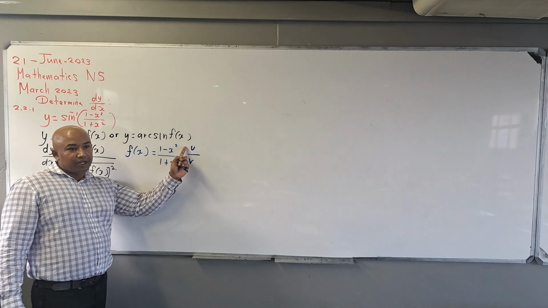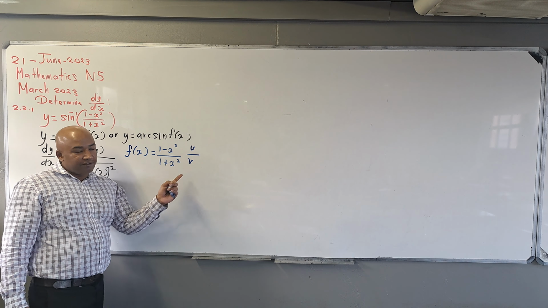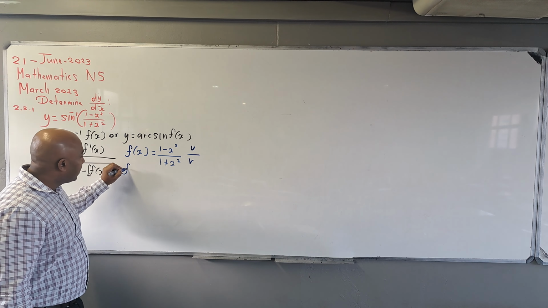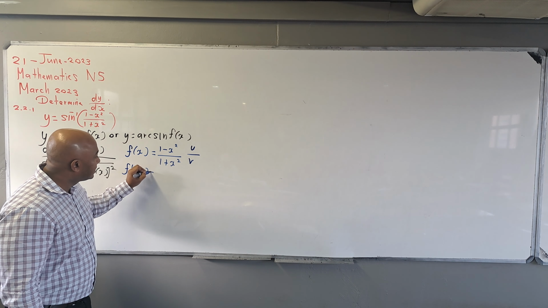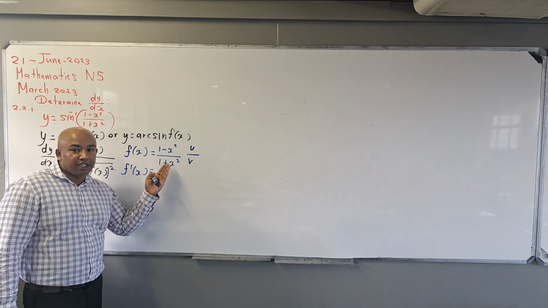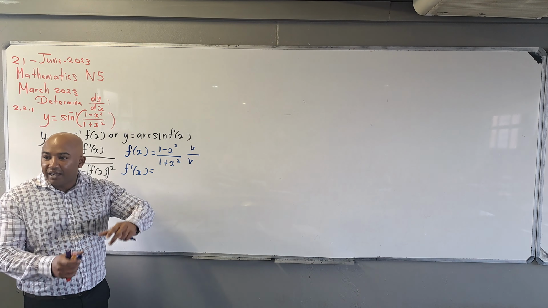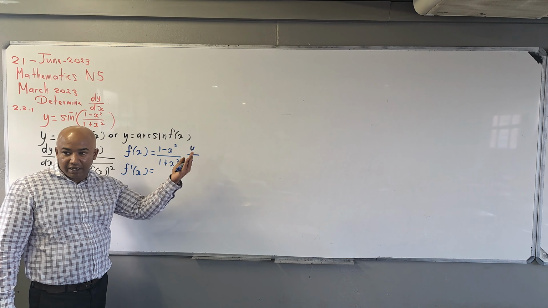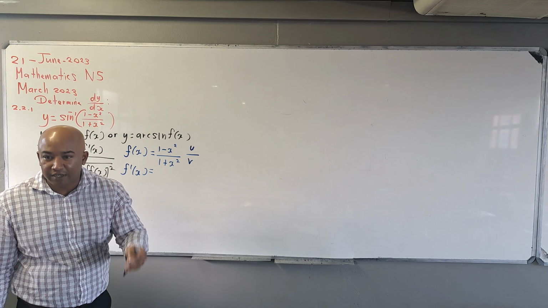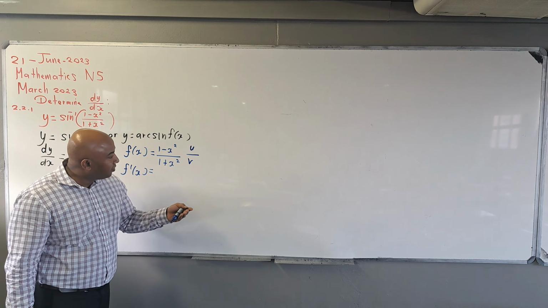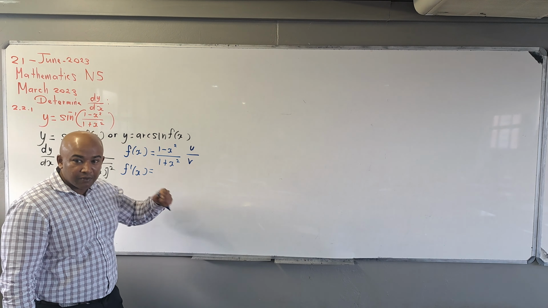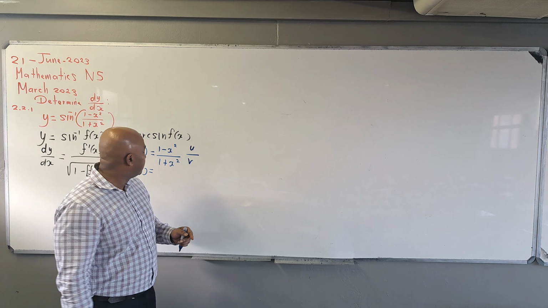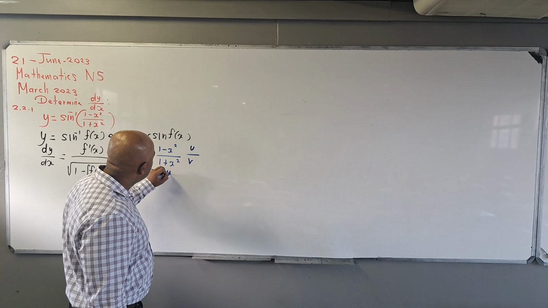So I'm calling my numerator u, denominator v. So f prime x means differentiate whatever function I have here. I have a fraction. The numerator has the variable x. The denominator also has the variable x. So therefore, in order to differentiate this, I will have to use the quotient rule. Okay, so that will be the quotient rule.